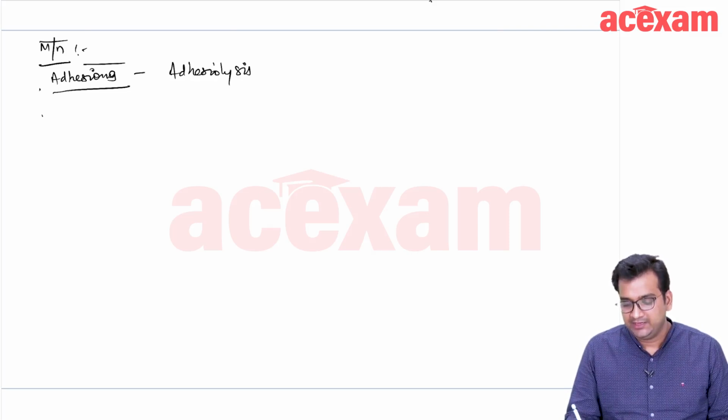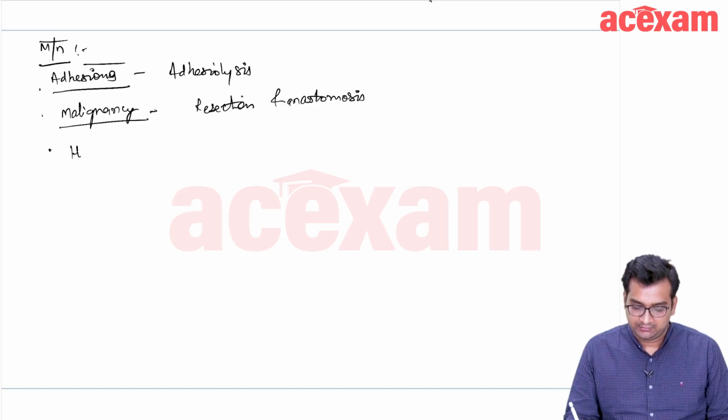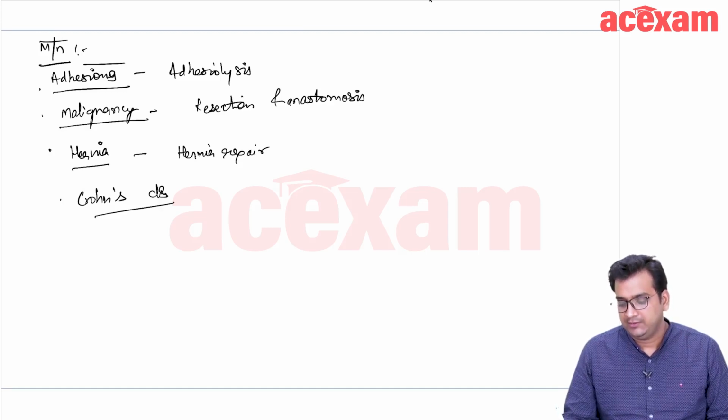If it is because of malignancy, then we'll do resection anastomosis. If the obstruction is because of hernia, then we'll have to do hernia repair. If it is because of Crohn's disease, then again we'll do resection anastomosis.